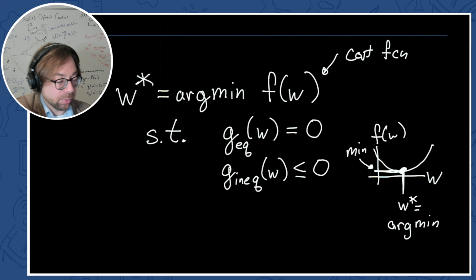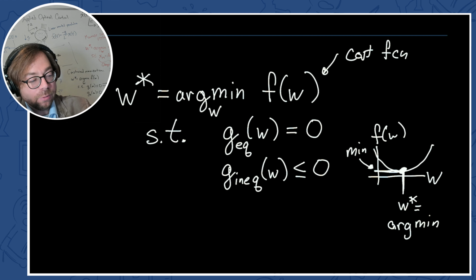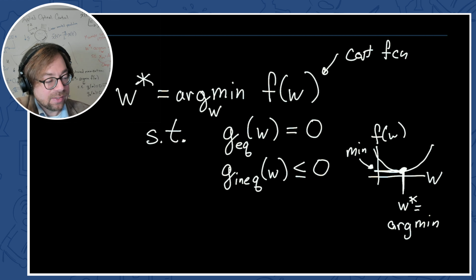We filled in that little blank space, and we put a little w in there saying, hey, what do we want? We want the w that gives us the minimum. That's what an optimization problem looks like in general. Any optimization problem you can put in this form, okay? We specifically will be talking about in this course almost always where w are real numbers.